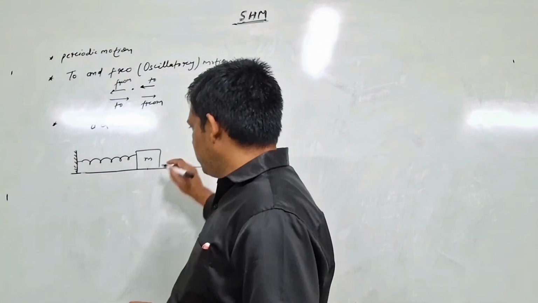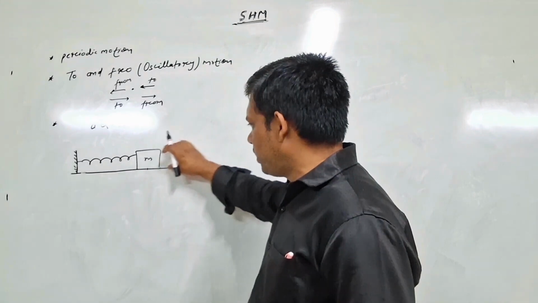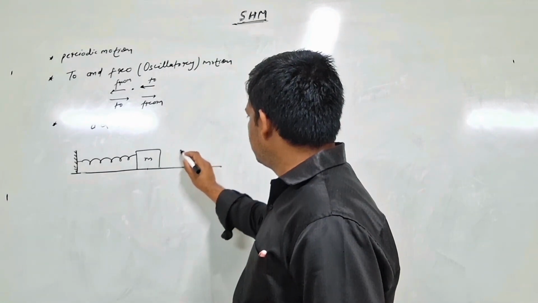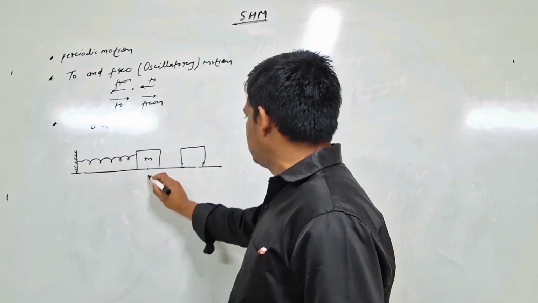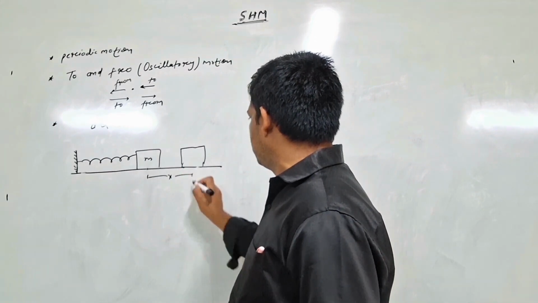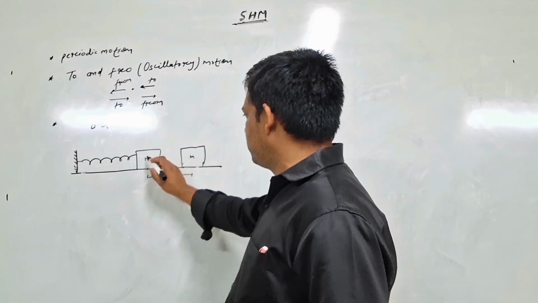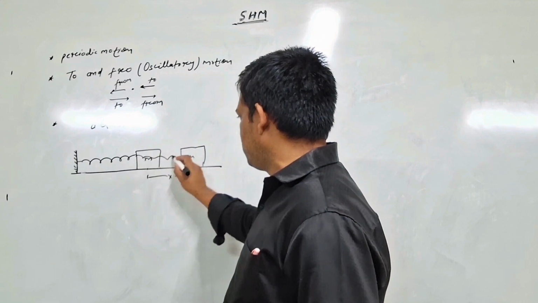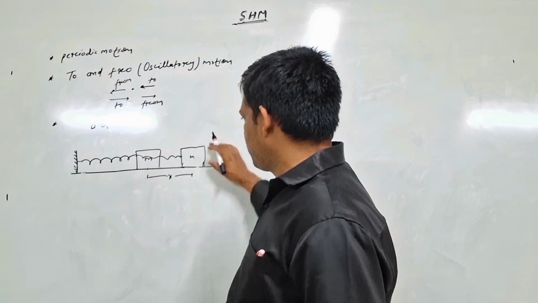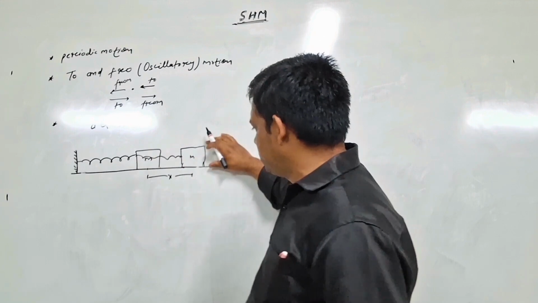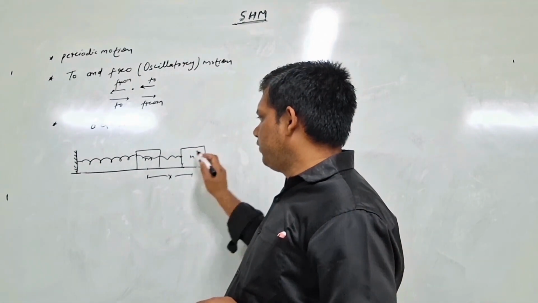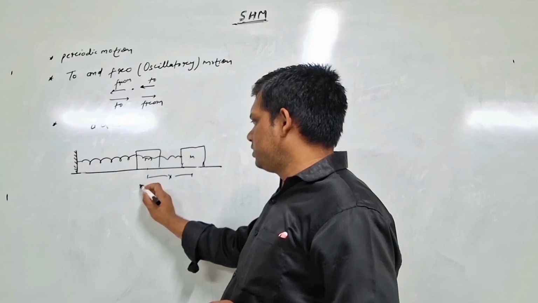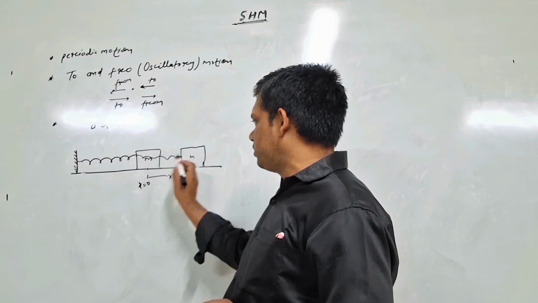Now if we pull this mass for some extent, suppose x, and then leave the mass here, it will move towards the mean position, that is x equal to 0, this is the mean position.